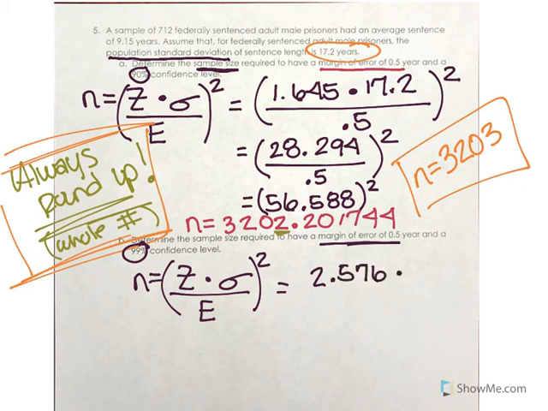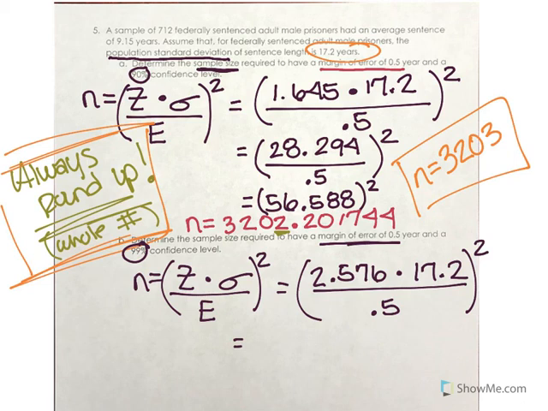Times 17.2 divided by our error of 0.5. So 2.576 times 17.2 gives you, I'm just writing everything for you guys, 44.3072, that we're going to divide by 0.5.